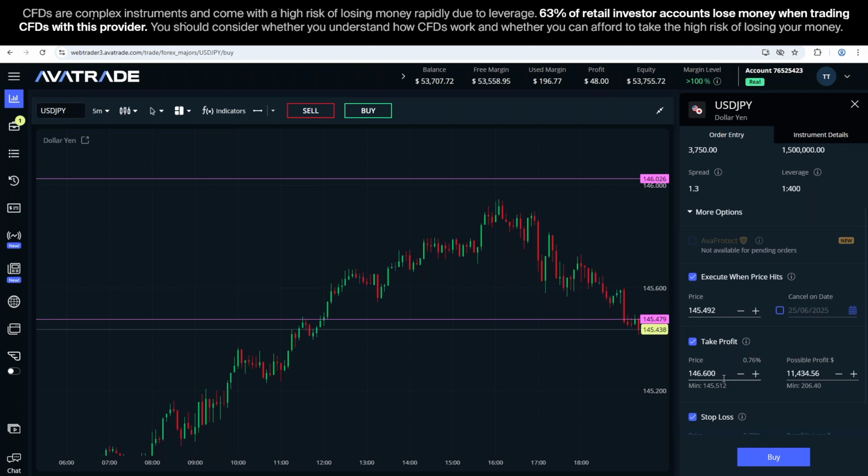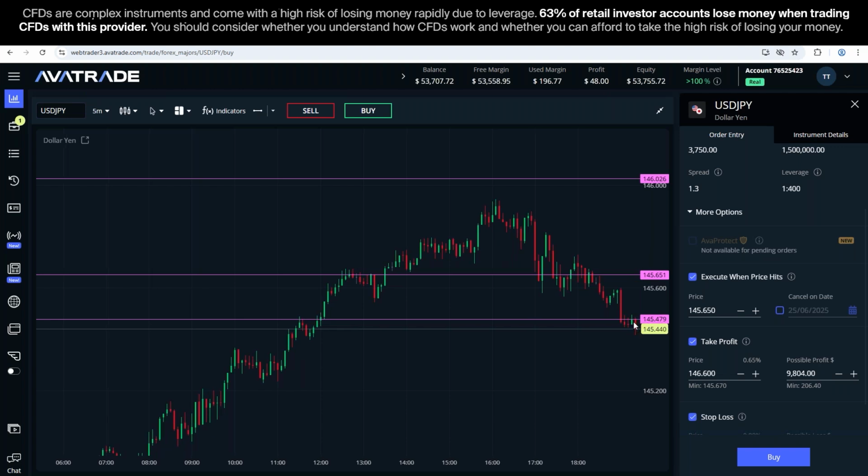So if you say 145.6 or 145.65, just to be sure you're past this little resistance point, then your entry price would be right there, okay? With your take profit up at this resistance and your stop loss back down below the bottom of the gap.